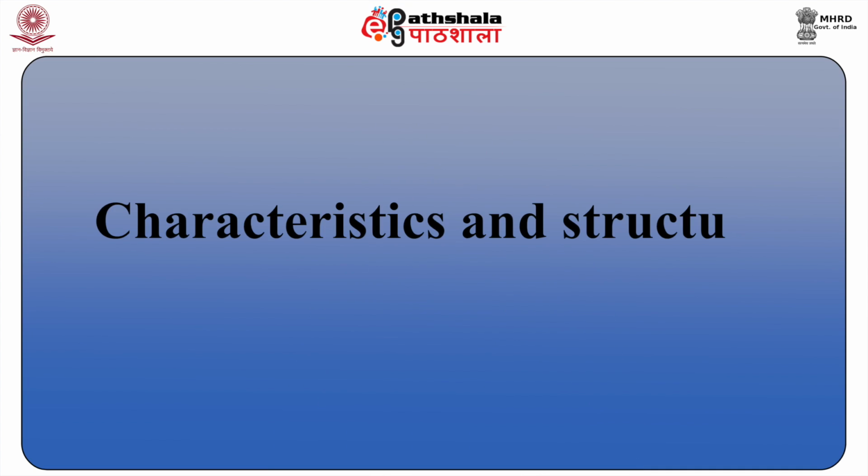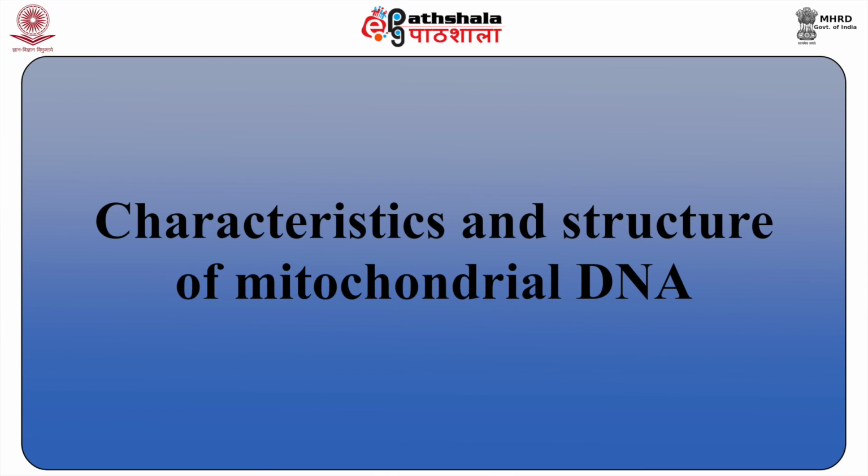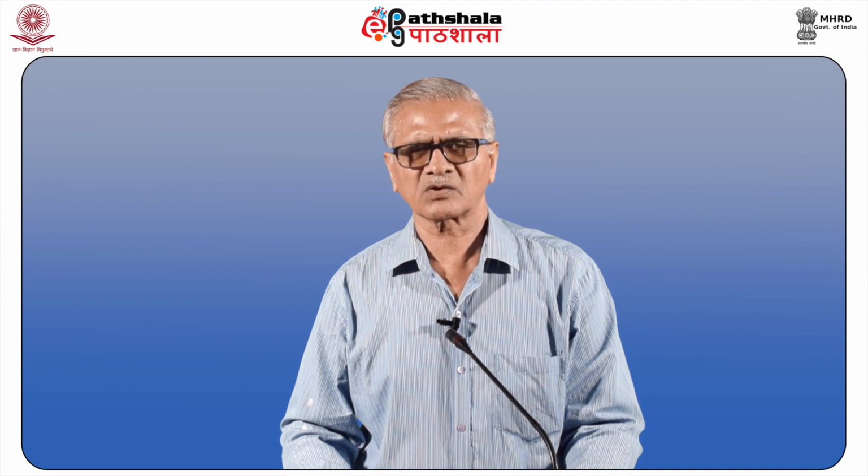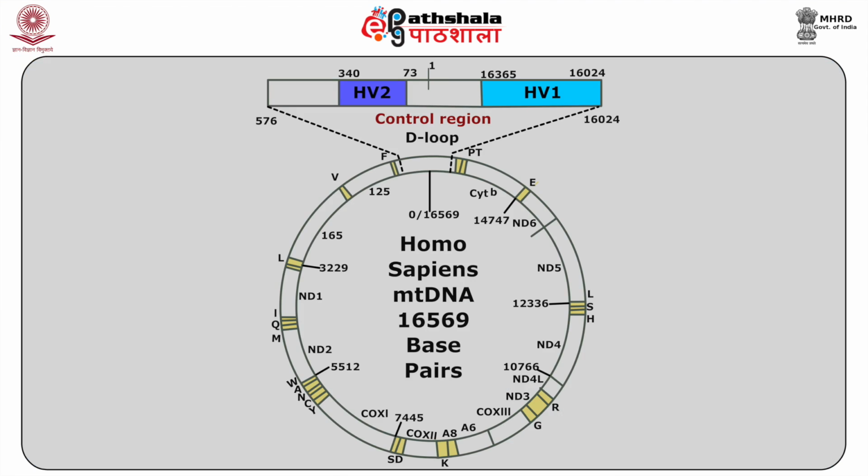As regards characteristics and structure of mitochondrial DNA, mitochondria is present in the cytoplasm and is the energy producing cell organelle. It consists of a small and circular genome. The amount of mitochondrial DNA present in a cell varies tremendously.